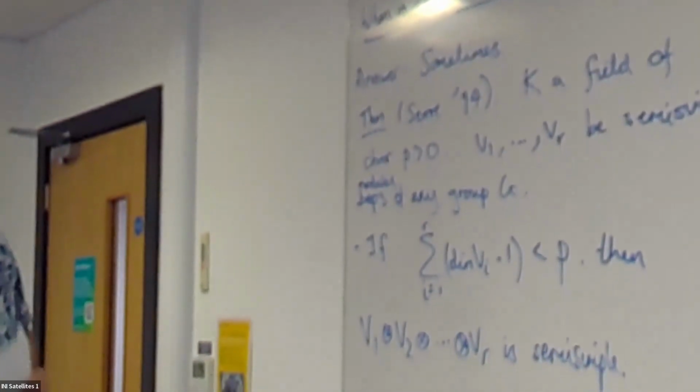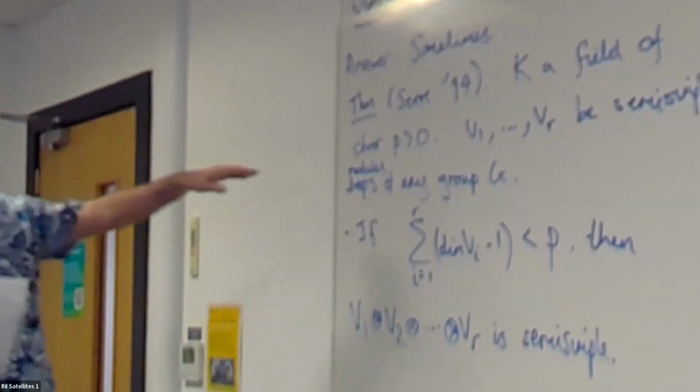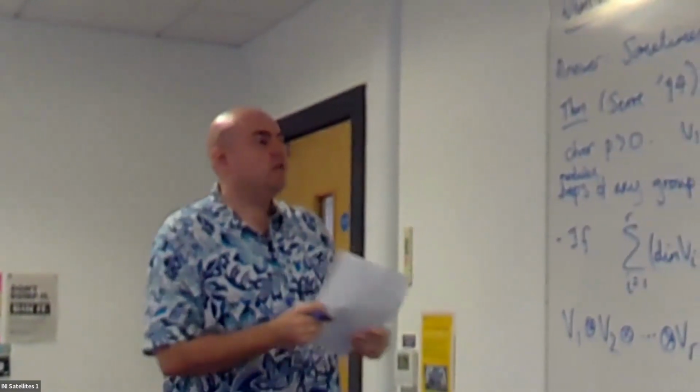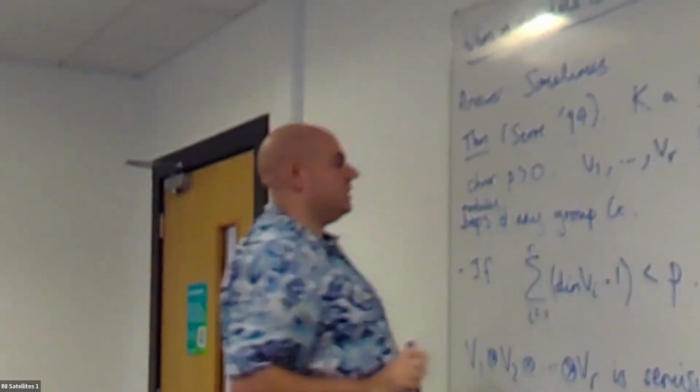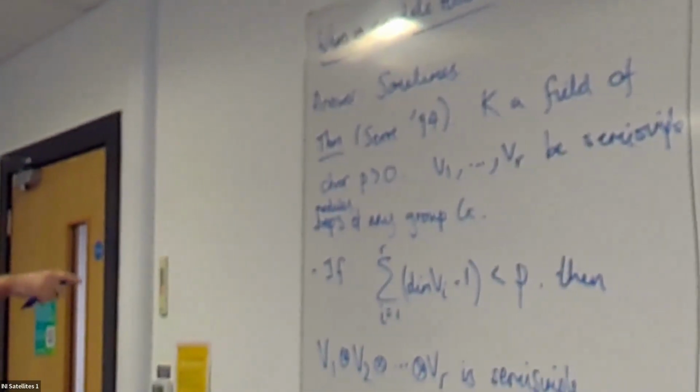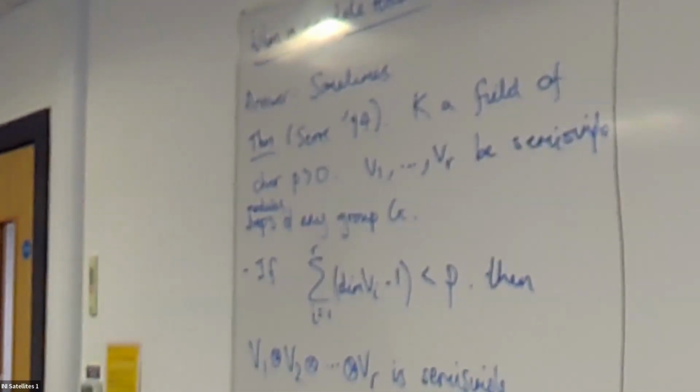And this is a positive characteristic version of a result of Chevalley from characteristic 0, and it's sort of one direction of: if I give you some modules that are semi-simple, what can I say about the tensor product? And there's plenty of other results in this paper, but let me just say one more.